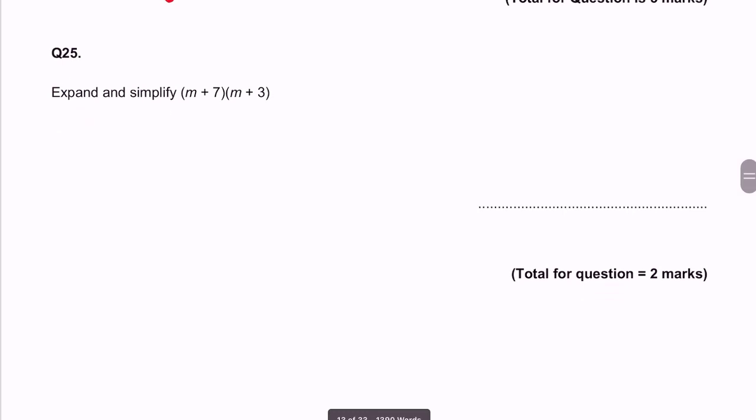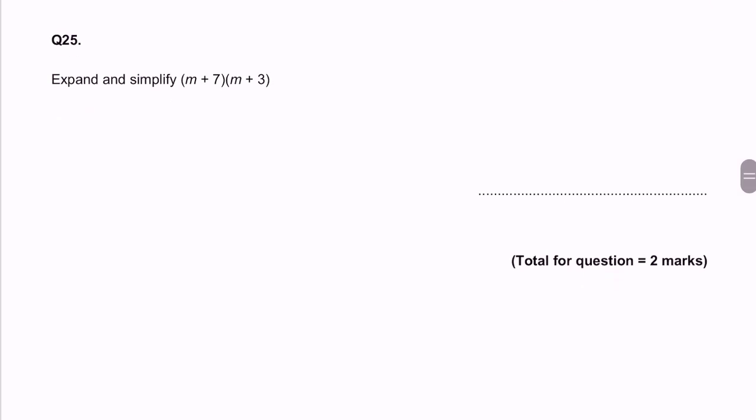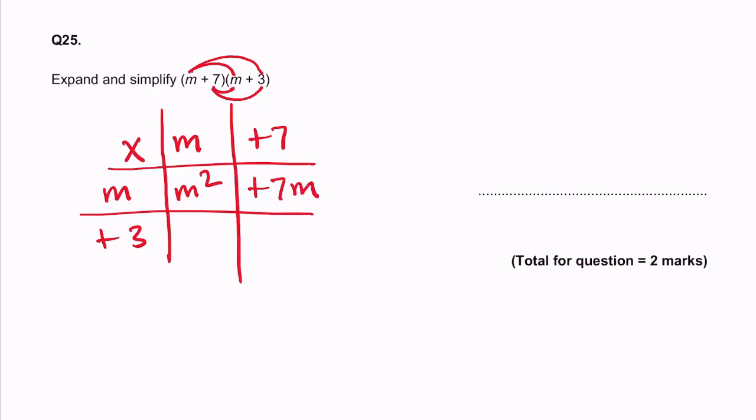Expand and simplify the double brackets. Always use a grid, which helps me avoid any mistakes. You can do the lines as well if you want. But let's go ahead and do the grid. m plus 7 on the top, m plus 3 on the side. And we're multiplying. m times m is m squared. m times plus 7 is plus 7m.